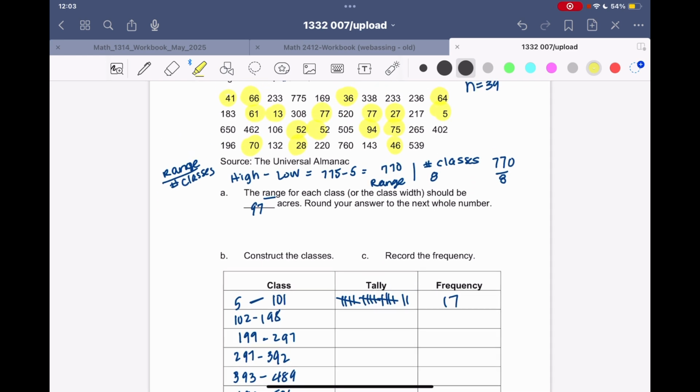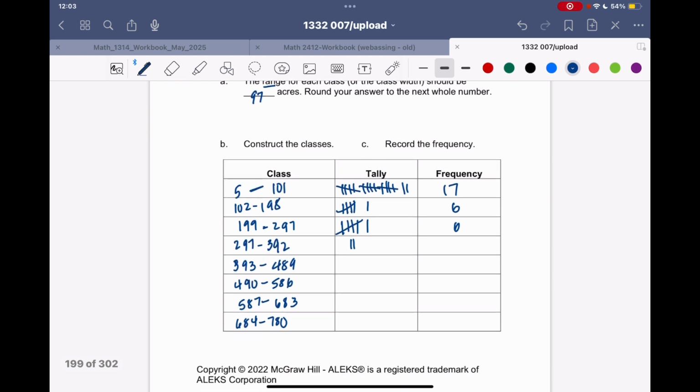So the count on 102 to 198 is 6. The count on 199 to 296 is also going to be 6. 297 to 392 is 2. 393 to 489 is 2.